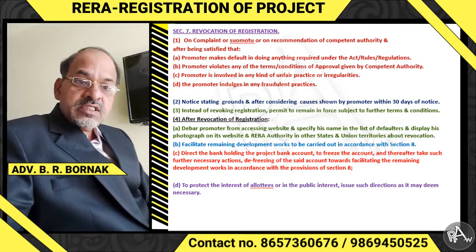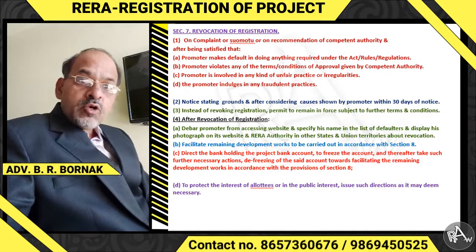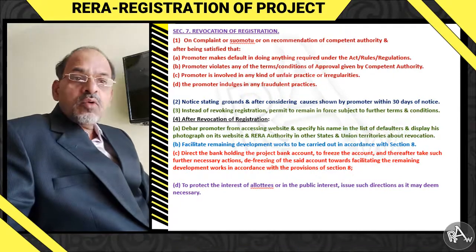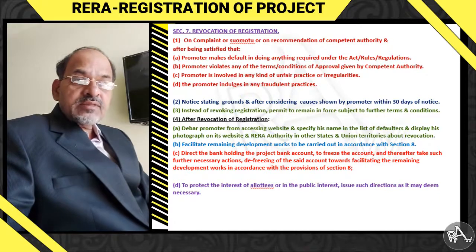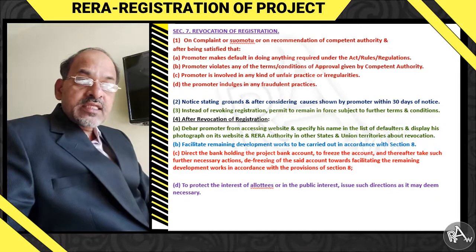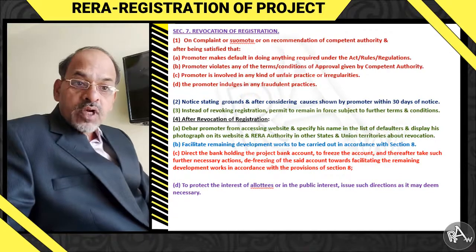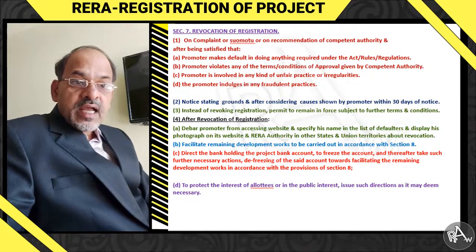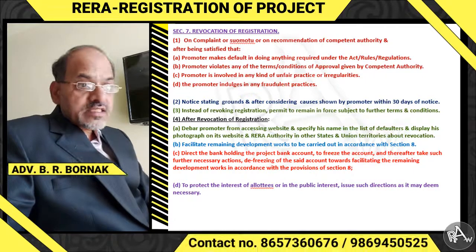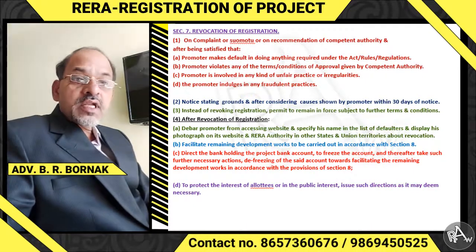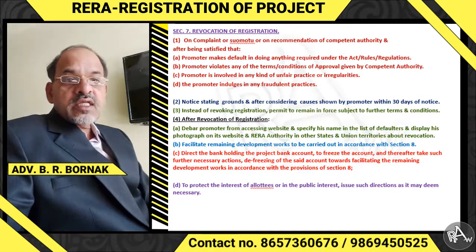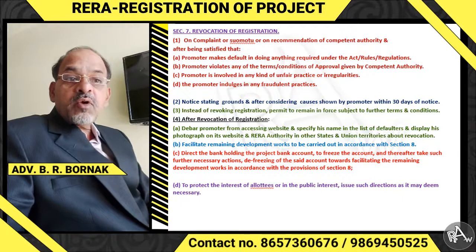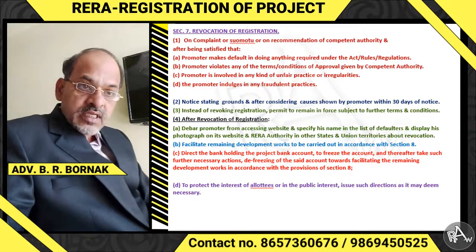The authority debars the promoter from accessing the website, specifies his name in the list of defaulters, displays his photograph on its website, and informs RERA authorities in other states and union territories about the revocation. See, when there is a revocation of registration, then that promoter is debarred from accessing the website of the authority.